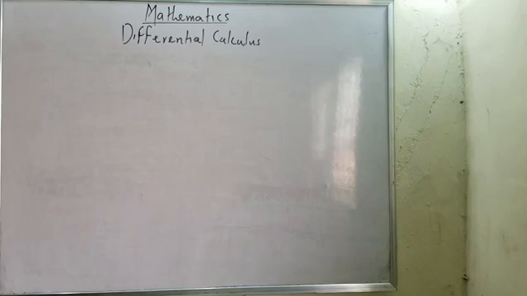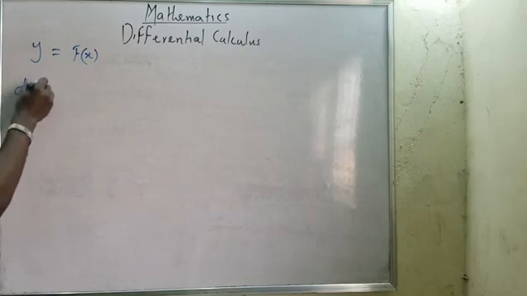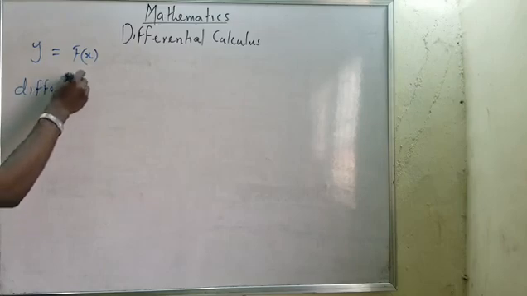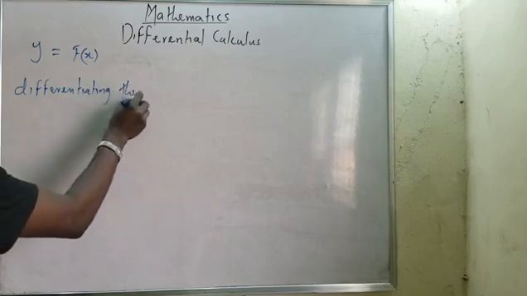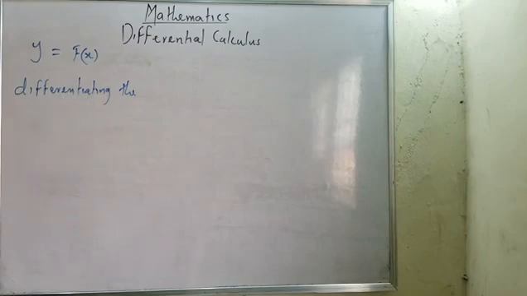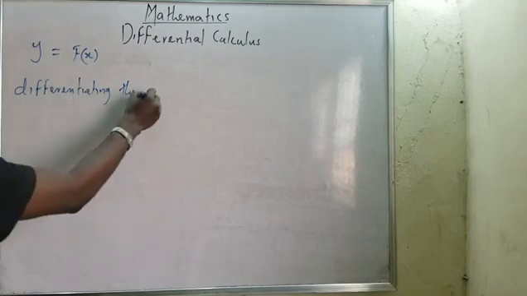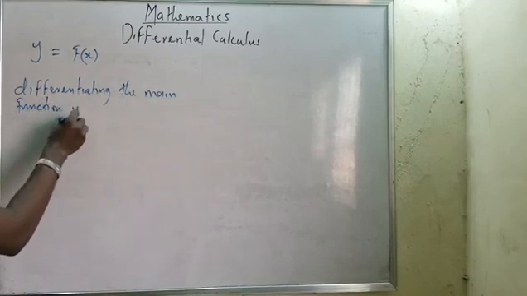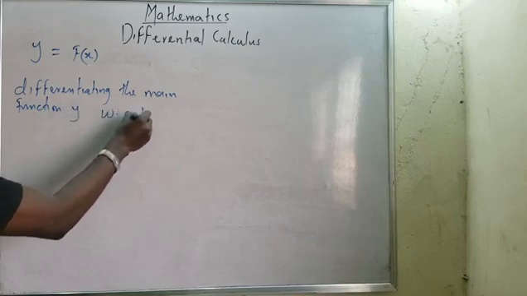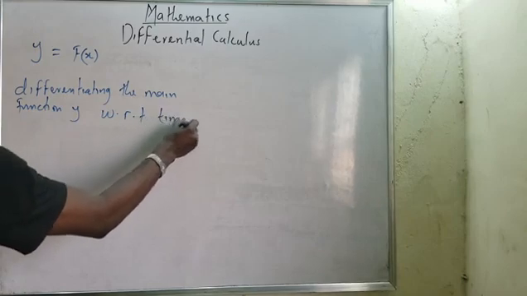If I have a function of this form, y equals f of x, which you all know, and we have to differentiate the main function y with respect to time, which is t.